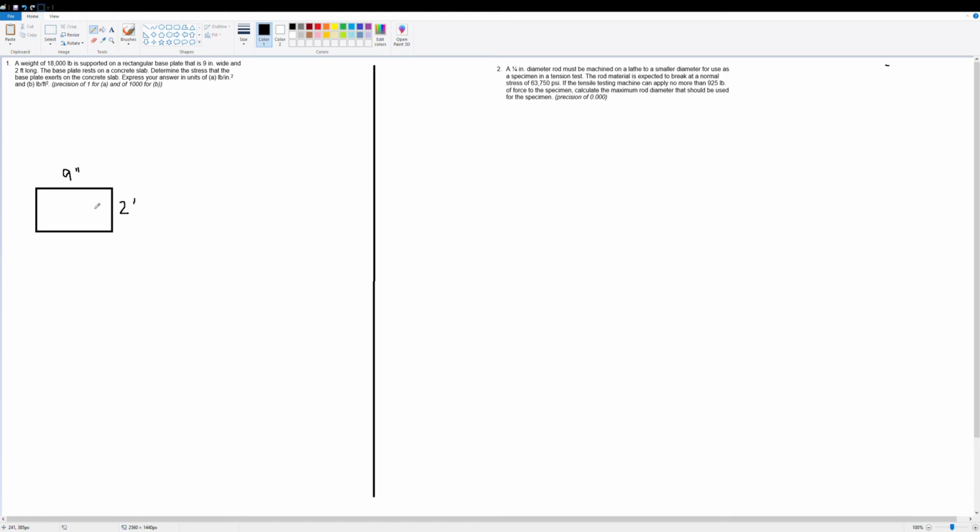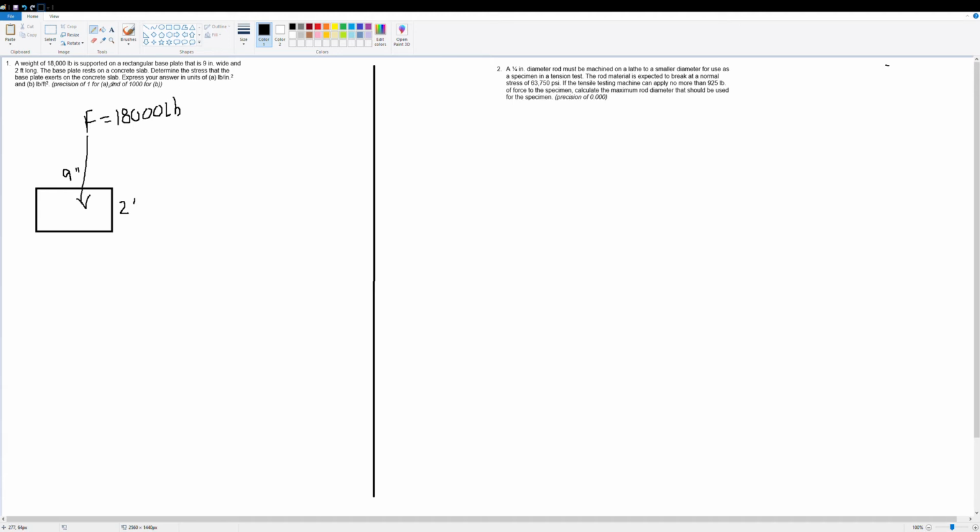Here I have some sort of force F applied, and we're told that this is 18,000 pounds on this plate. So a lot of weight on this rectangular plate that's 2 feet by 9 inches.